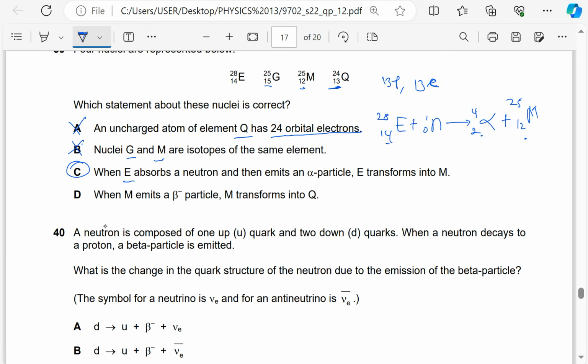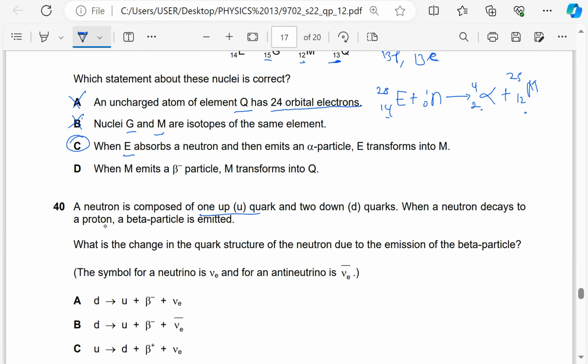A neutron is composed of 1 up quark and 2 down quarks. So it is up, down, down. When a neutron decays to a proton, a beta particle is emitted. What is the change in the quark composition of the neutron due to the emission of a beta particle?